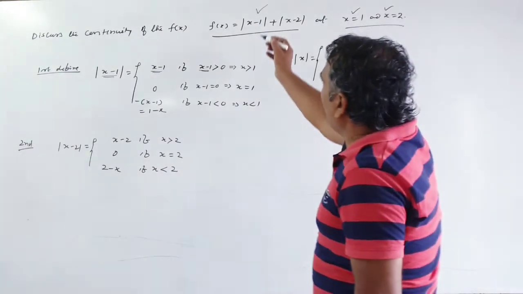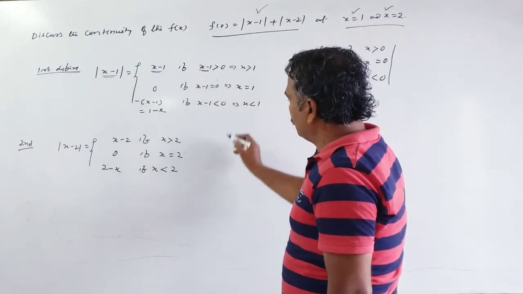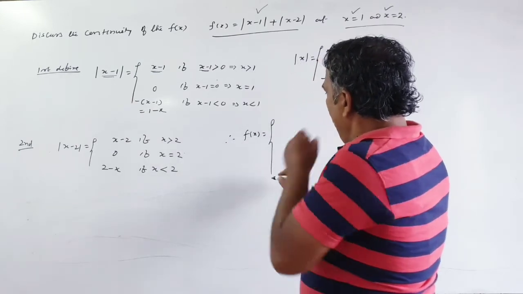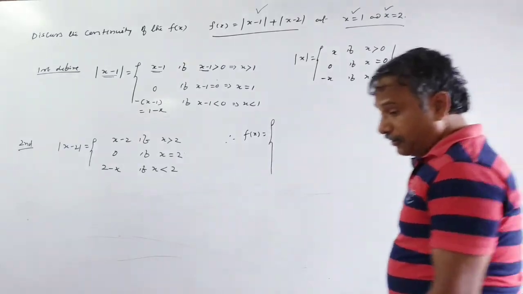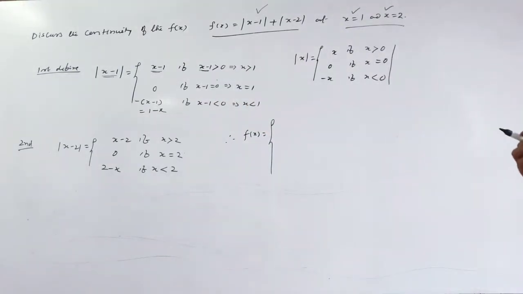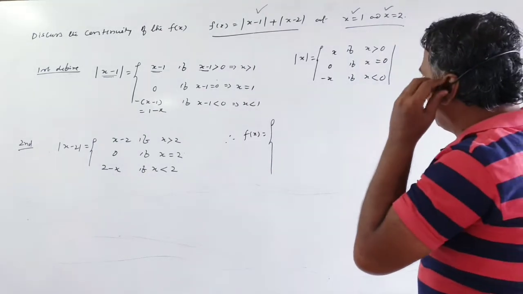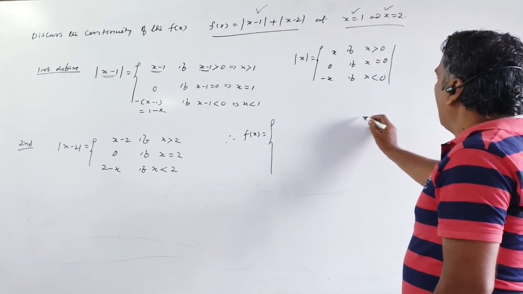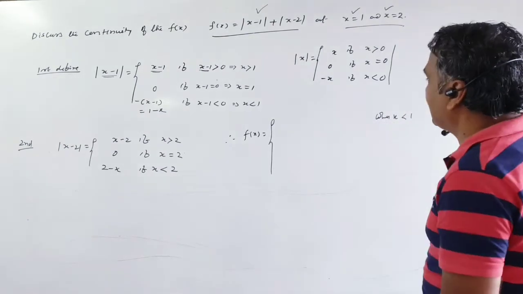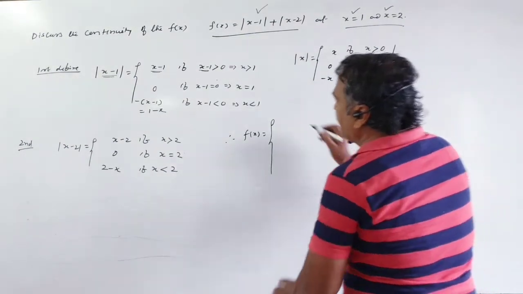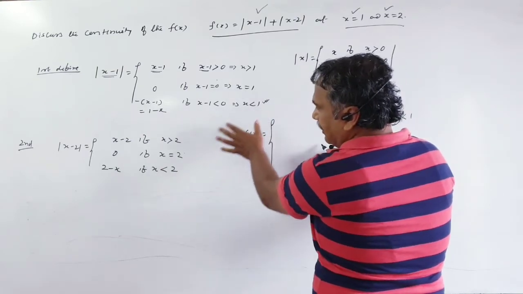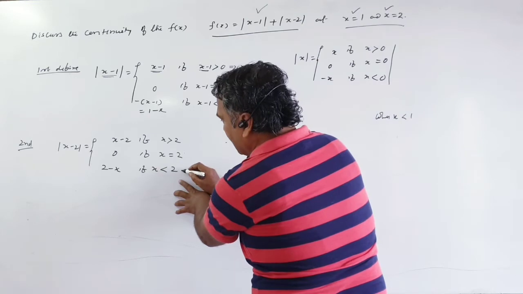Okay. Now if you combine these two, f of x equals, when x is less than 1. Less than 1 means this one exists. Yes or no? Less than 1 is also less than 2.